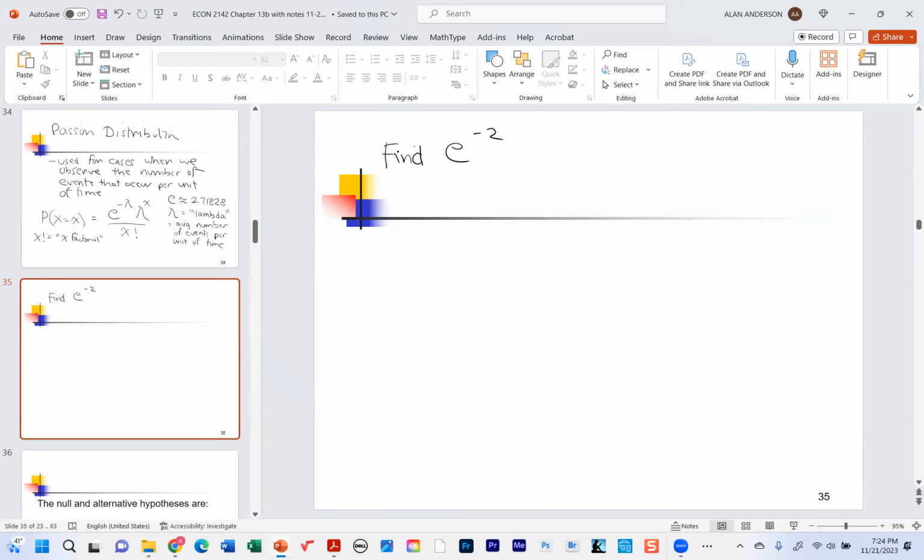You're going to type second, the button labeled ln for natural log, and then you'll notice it has this e with a little box here. You're going to type -2, enter, and you'll come back with approximately 0.1353.